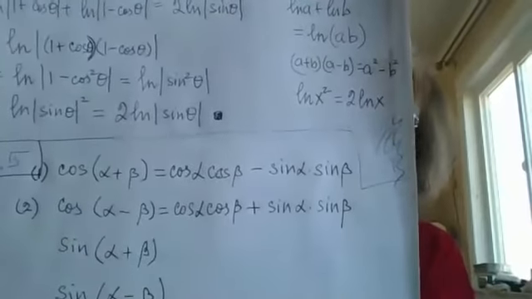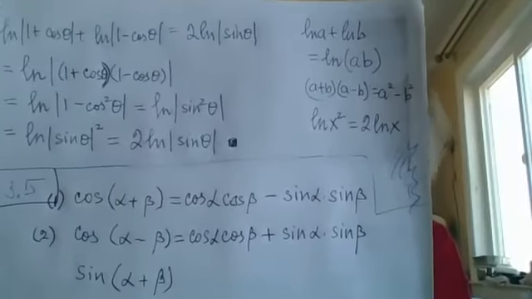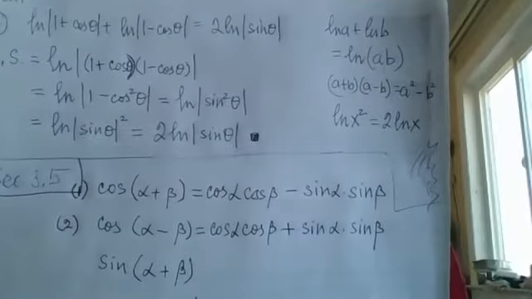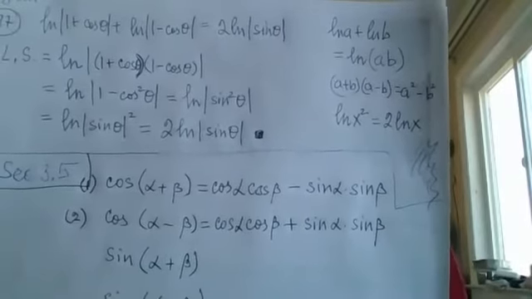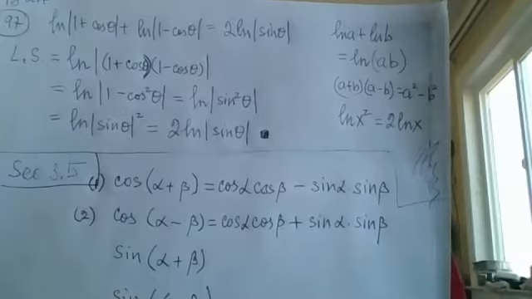And this is again a similar type of products as in formula number 1. Cosine multiplied by cosine, sine multiplied by sine, but cosine of a difference of two angles equals the sum.